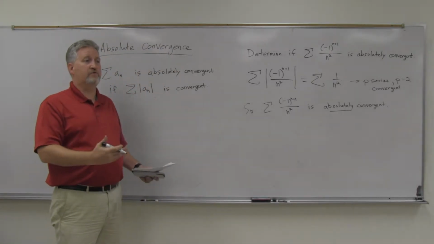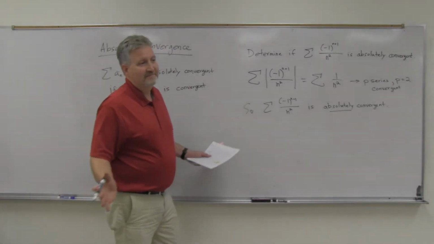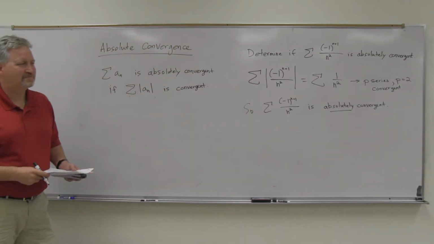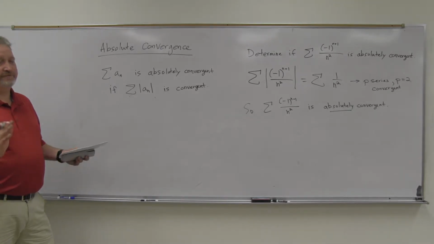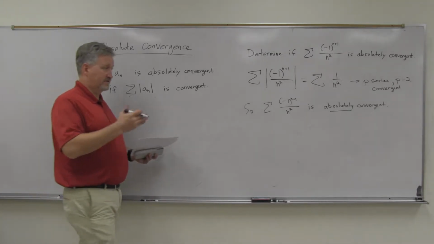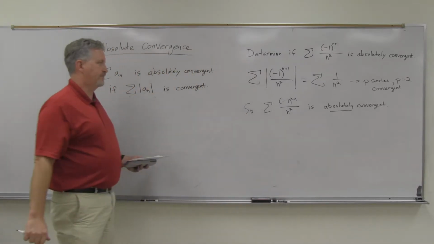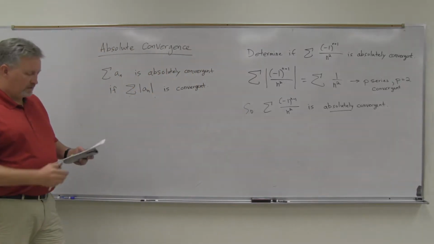If you're saying it's absolutely convergent, it means it converges no matter what. Not all convergent series are absolutely convergent. It's a stronger term, but it absolutely converges. All right?